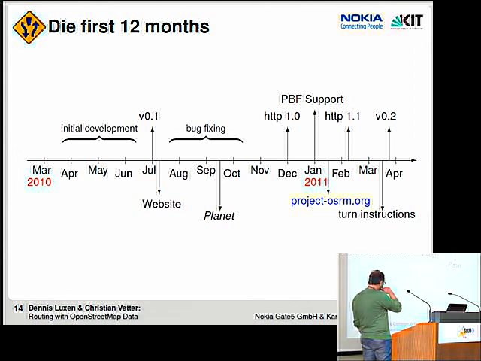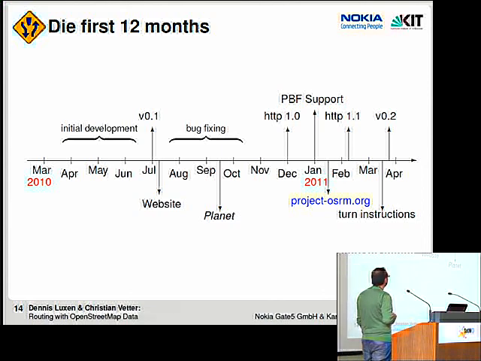What we did in March 2010 was the initial development, where we had a basic algorithmic core ready. We released version 0.1 about a year ago, then went into a bug fixing period, which was a time of a few hours of sleep and lots of coding.